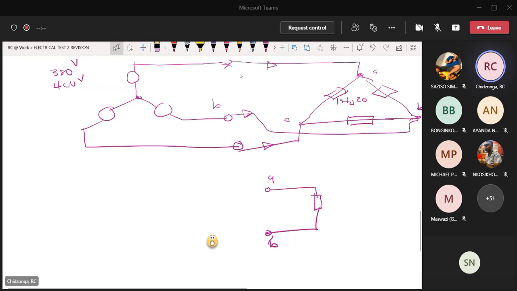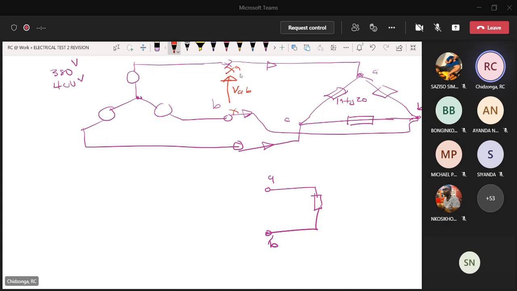If you run that's for A. If you run for B back to the source, you'll see you are here. So the voltage that you are actually talking about, which is across this load, is the voltage between A and B, which is VAB. So it's the line-to-line voltage.